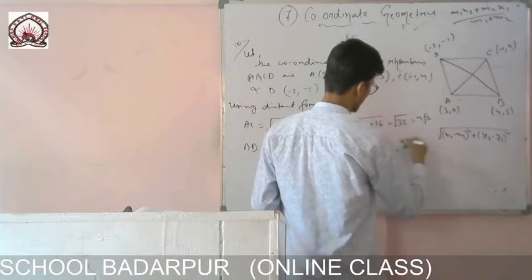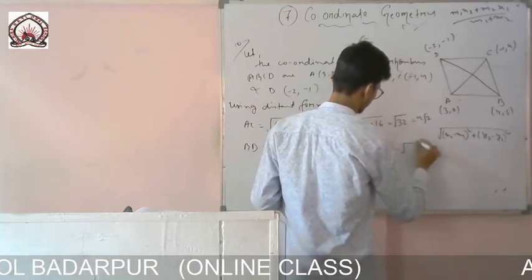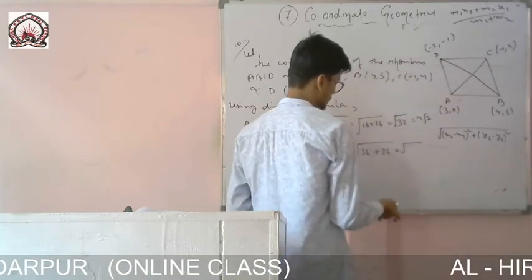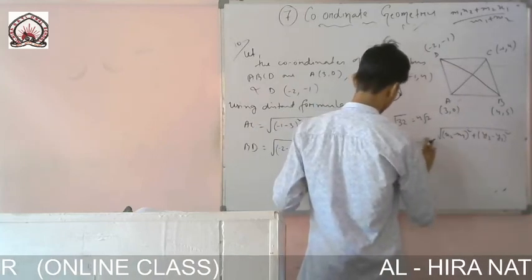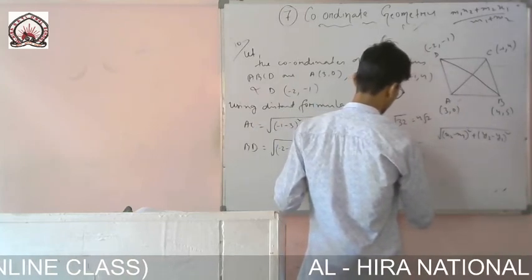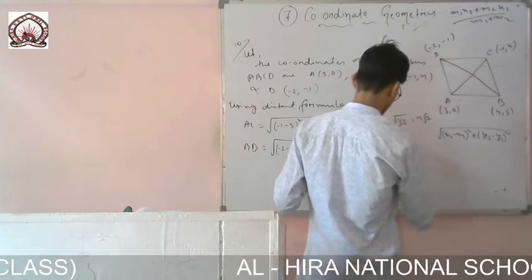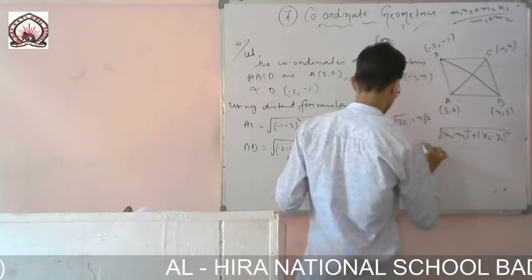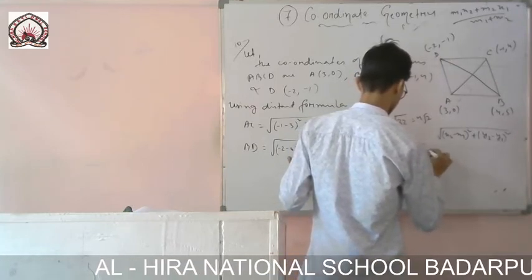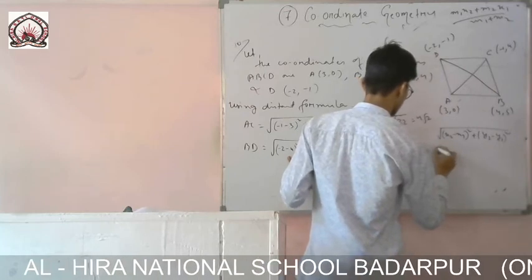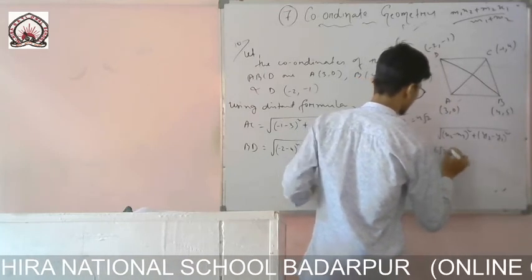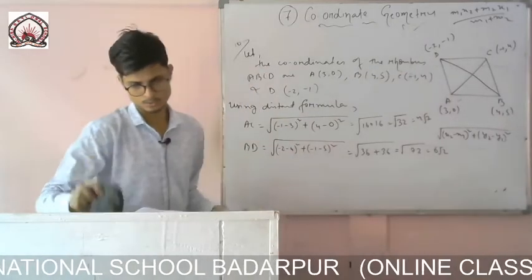So 36 plus 36 is 72, which is 36 into 2, so BD equals 6 root 2.